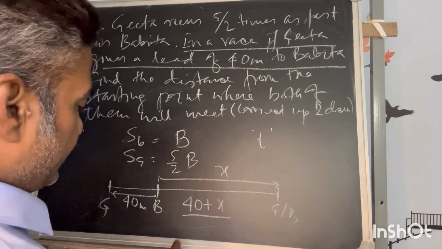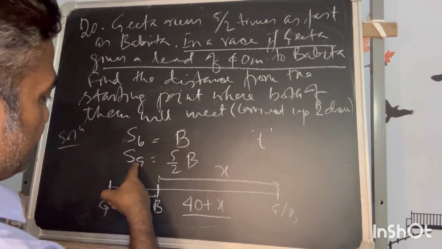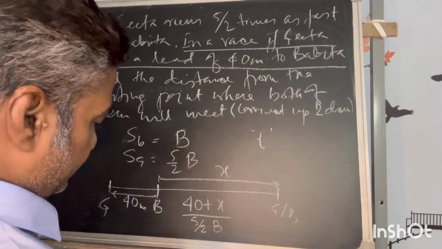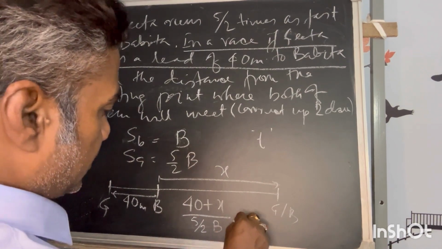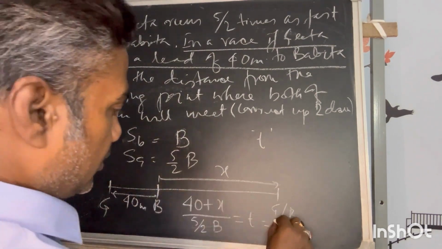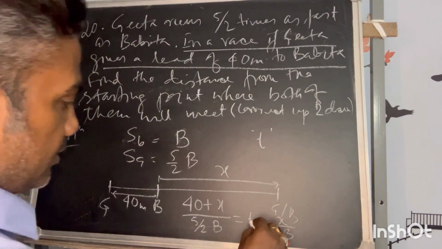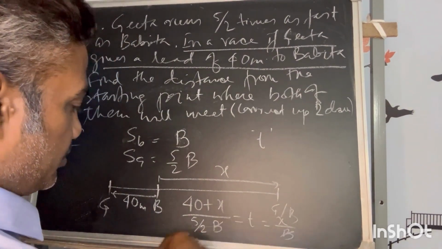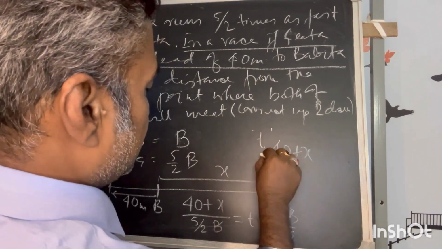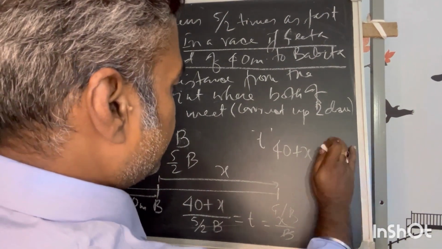So distance upon speed for Geeta, whose speed is 5 by 2 of B, is equal to time t, and that is the same for Babita with x distance and speed B. Equating these, B is cancelled out, so 40 plus x is equal to 5 by 2 x.